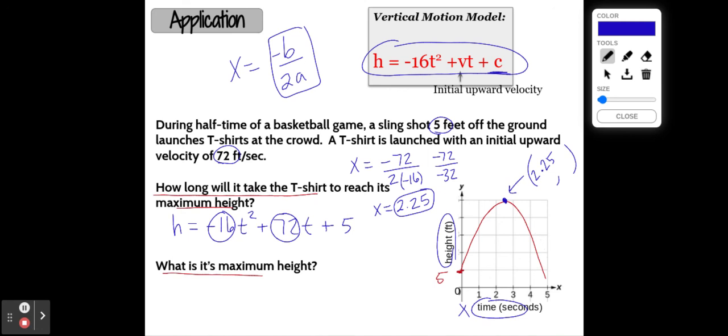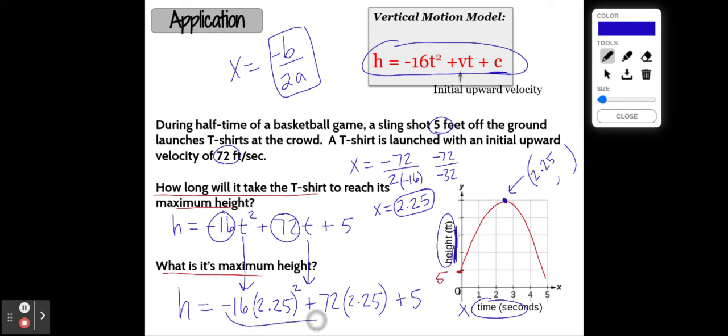Okay, so we want to know what is the maximum height. We're going to need our y value because the height is y. So in place of x, or t in this case, we're going to plug in the 2.25. So height equals -16 times 2.25 squared plus 72 times 2.25, that's our time, that's why we're plugging it in for t, plus 5.